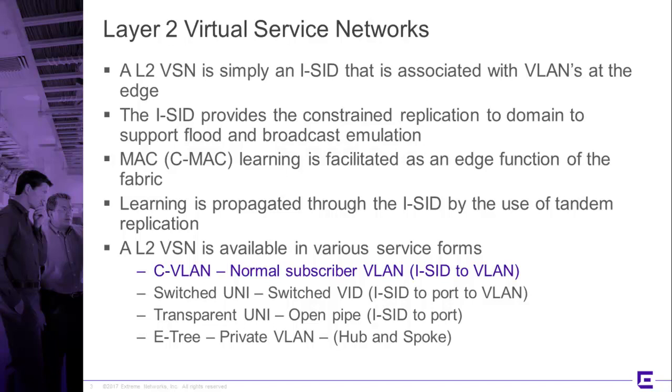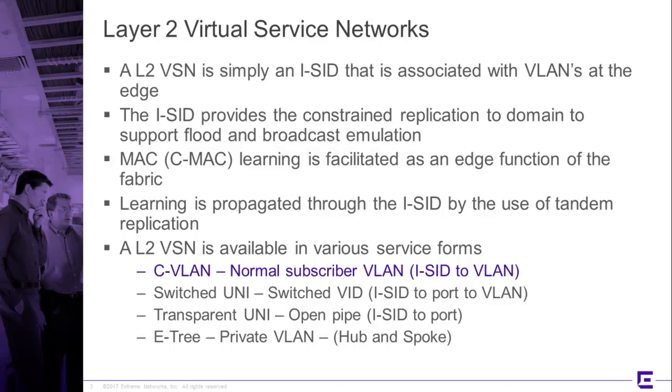We have this orthogonal arrangement where the functions of the core are divided and separate from the subscriber visibility and the subscriber interface. These are important principles to remember as we move forward because Fabric Connect, as we talked about in our previous video, does not work in the traditional IP routed domain perspective.